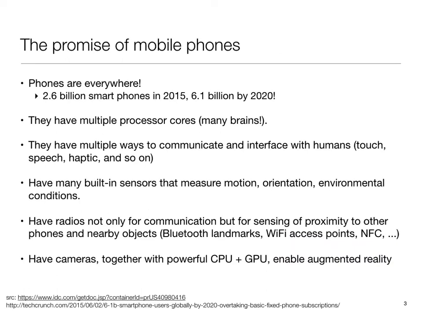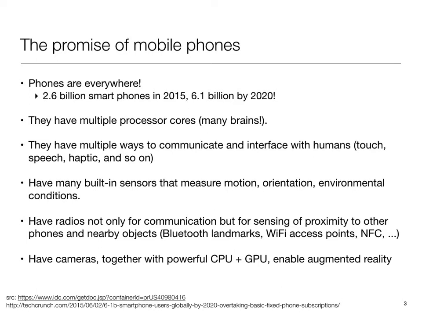It's only been a decade really where these mobile phone platforms have shown a lot of promise across a lot of applications. They're everywhere. There were 2.6 billion in 2016, and 6.1 billion are projected by 2020. And they now have multiple processor cores, so they're very powerful.